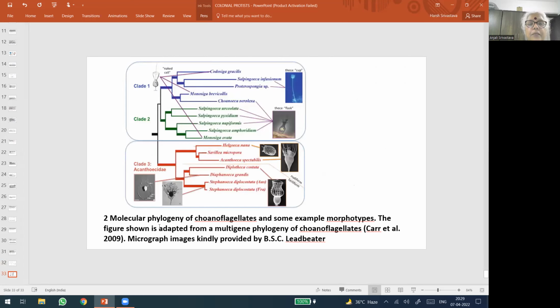And this is a molecular phylogeny of choanoflagellates and certain examples. In this, I haven't gone into much detail because it would take too much time. So I think we have seen a very interesting topic together today, the colonial protozoans, which are the choanoflagellates.